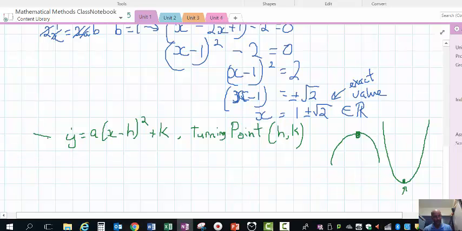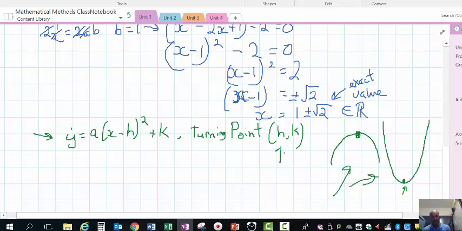So another thing to note here is we're moving towards this in our next video, most likely. Another form for a quadratic is what's called turning point form, because a quadratic will typically plot to create what's called a parabola, which is that sort of shape, which you may have seen in the past.